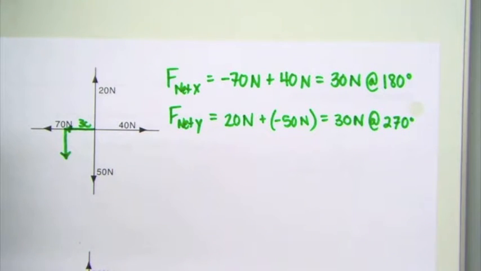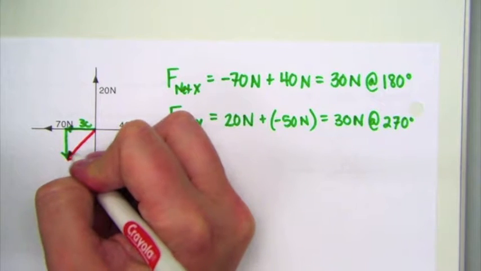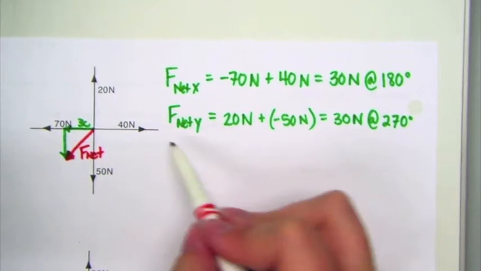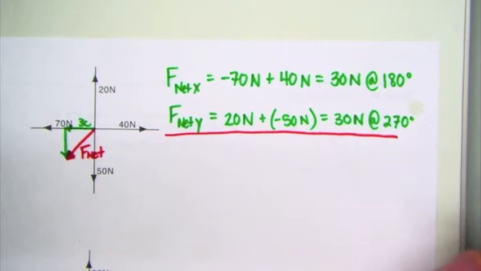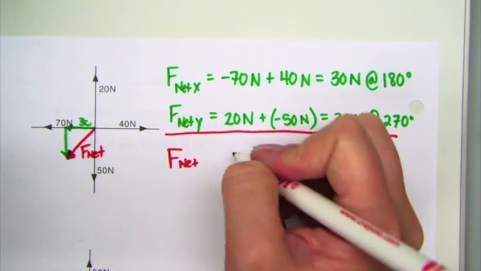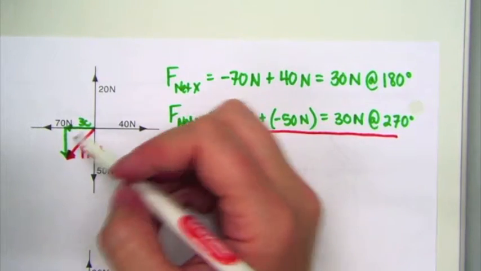And when I draw my resultant or my overall net force, it's going to be like this. So when I find my actual F net, I'm going to use vector addition and find the hypotenuse.